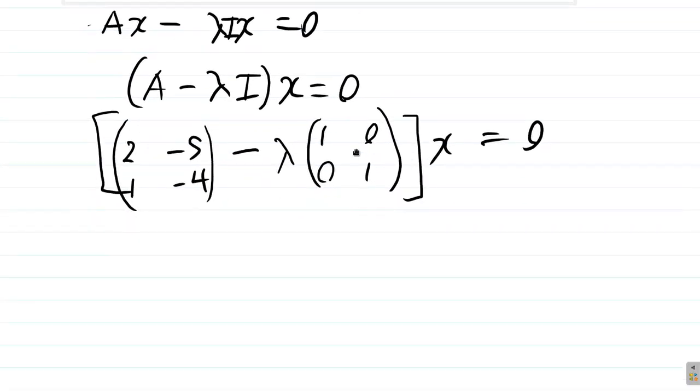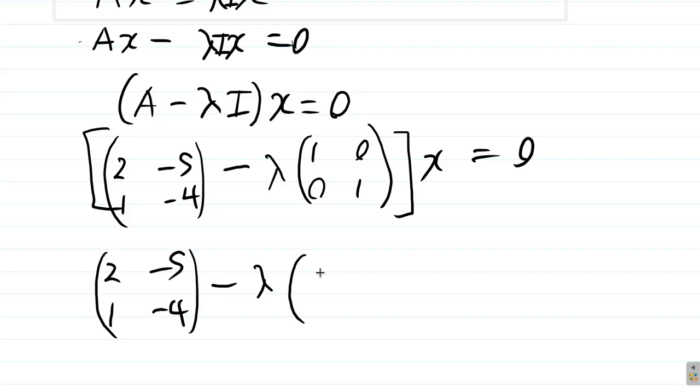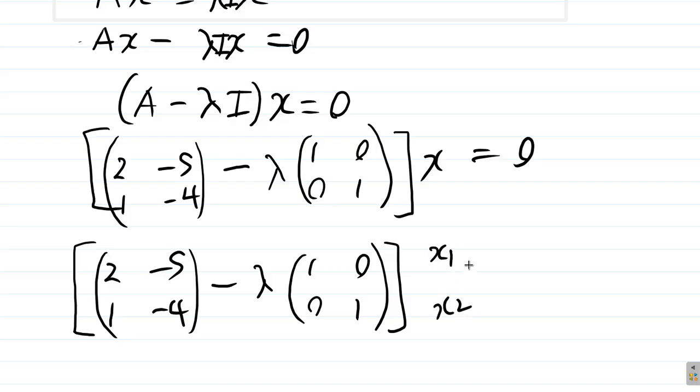Now rewrite them in their matrix form. You're going to have 2, negative 5, 1, negative 4 minus lambda times 1, 0, 0, 1 times x. Now x is a column matrix. Let's call it x1, x2, equals 0, 0, written as a column matrix too, not a number.